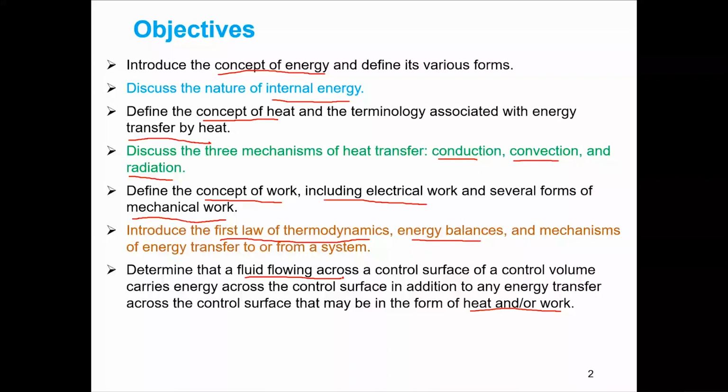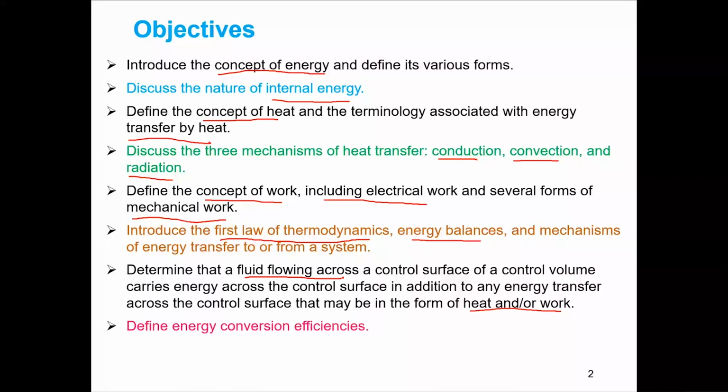So not today, but probably we'll have a class tomorrow. So we'll have a derivation that would introduce you to the concept of fluid energy. That means a flowing fluid would itself have certain energy. How do you deal with that?